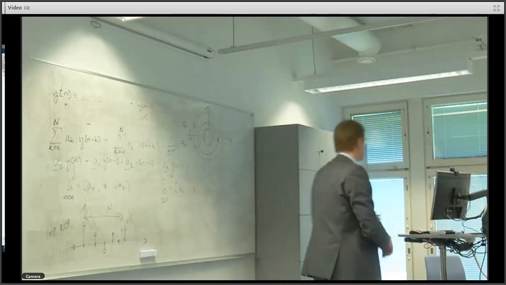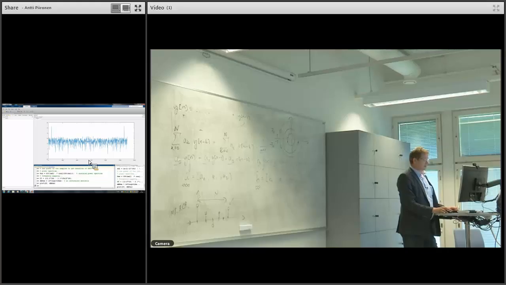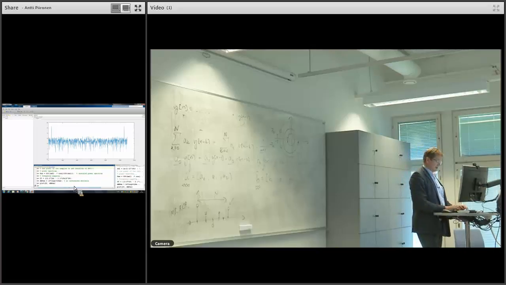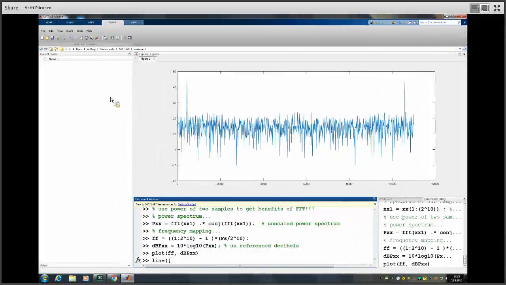Okay, which means that somewhere in here at the middle, let me add some line here. X values would be sampling rate over 2 and sampling rate over 2. That's the Nyquist frequency. Y values would be minus 20 and 50.